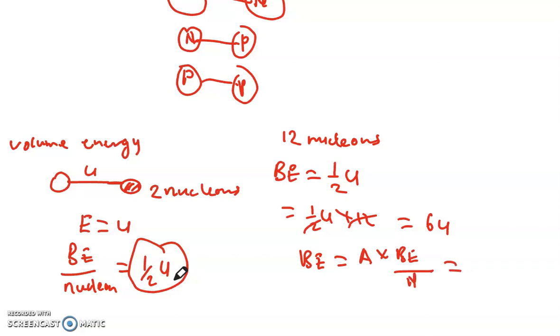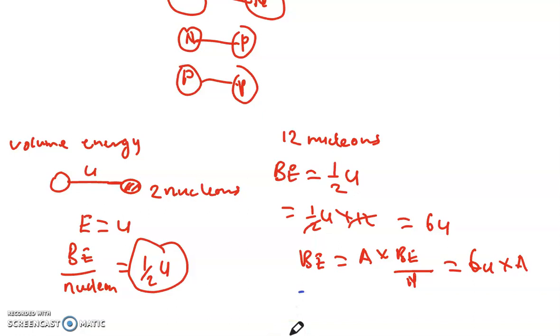This is going to be equal to 6U multiplied by A. A in this case is nothing but the mass number, because we are trying to relate the total amount of particles present in this nucleus. So what will be the volume energy? We want to see what will be the volume energy.